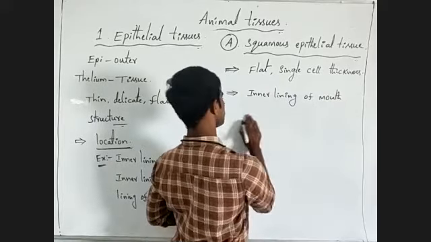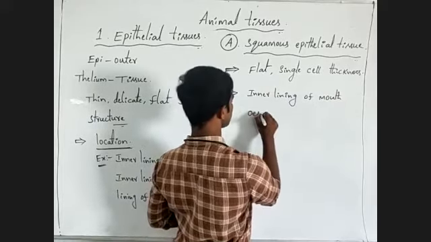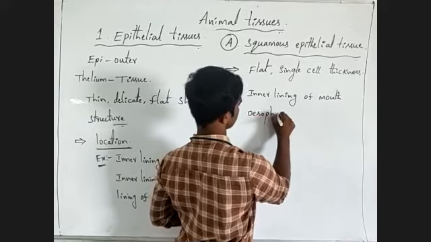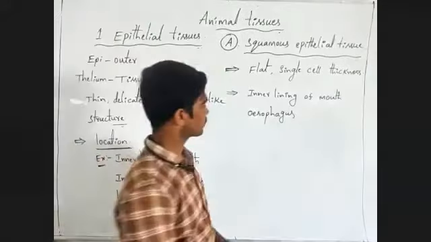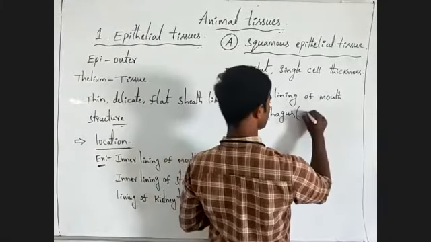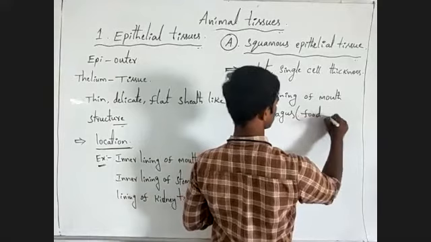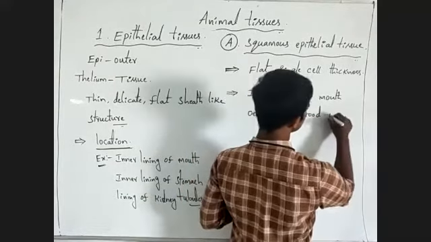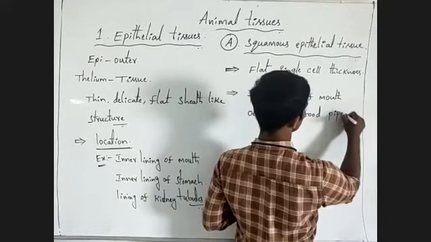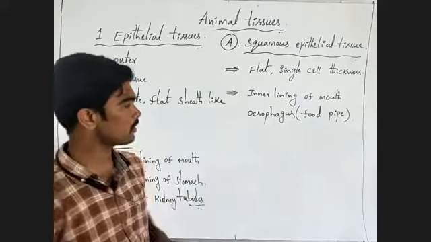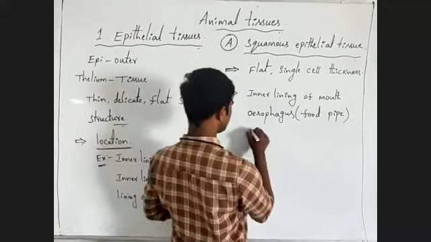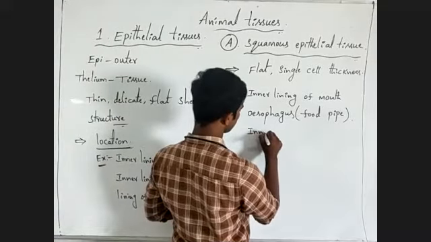Next, in the esophagus. Esophagus means food pipe. Understanding? Observe carefully. In blood vessels, the inner linings of the blood vessels.